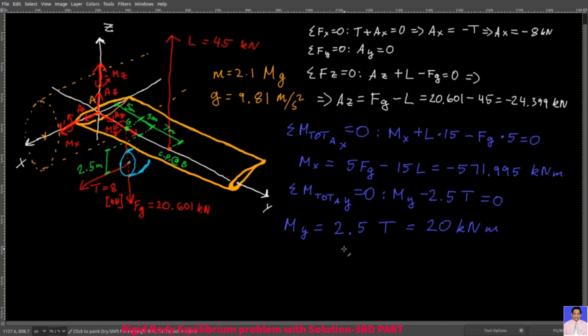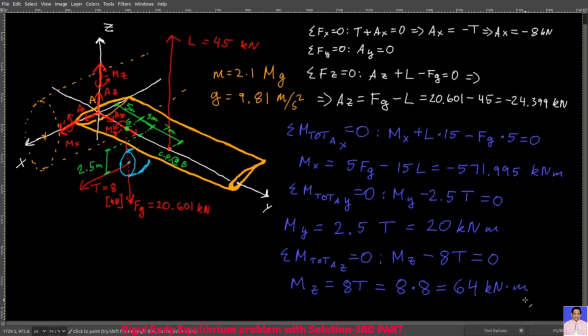My is positive, so your initial assumption about its direction was correct. And finally, let's do it for the z direction. Mz minus 8 times T, it's 0. Mz equals 8 times T, it's 8 times 8, it's 64 kilonewton meters. Again, Mz is positive, so it's in the positive z direction.